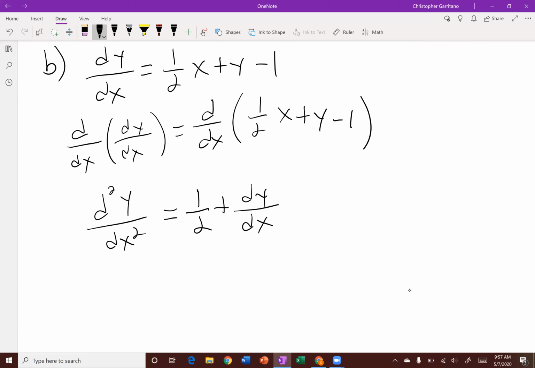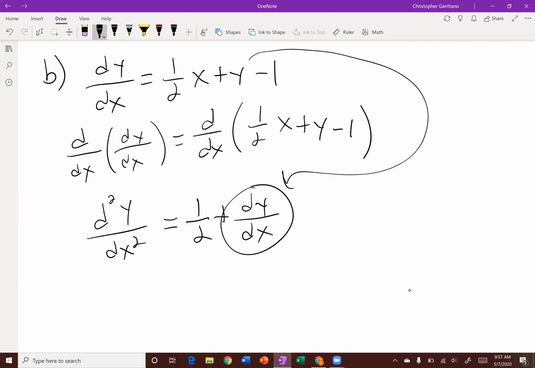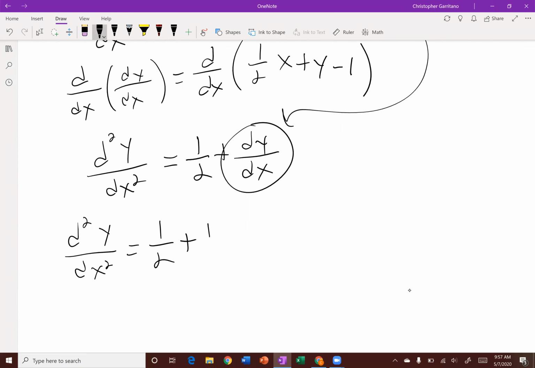All right, so this is an expression for the second derivative, but of course we want our answer to be in terms of just y and x, not dy dx. So this dy dx, I'm actually just going to replace it with this entire expression here. So d squared y over dx squared is equal to 1/2 plus 1/2 x plus y minus 1.